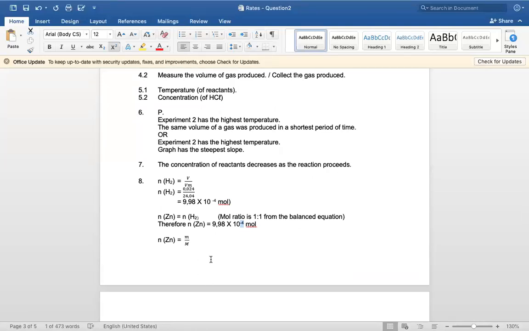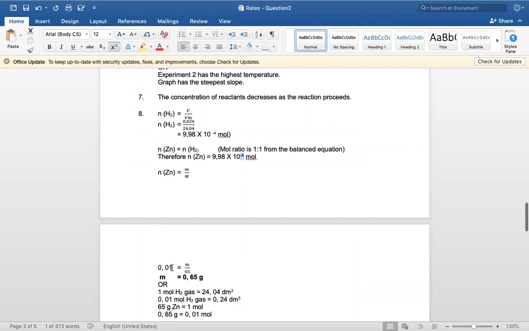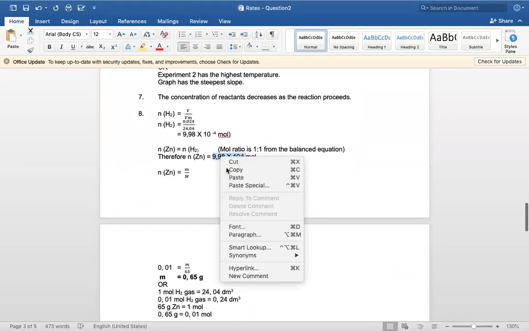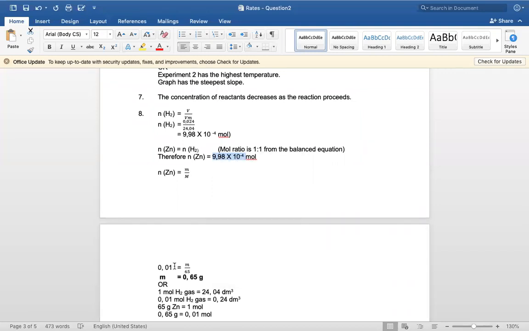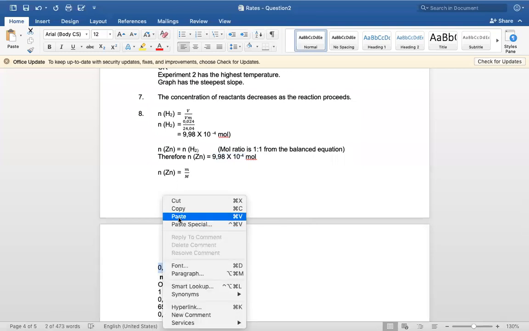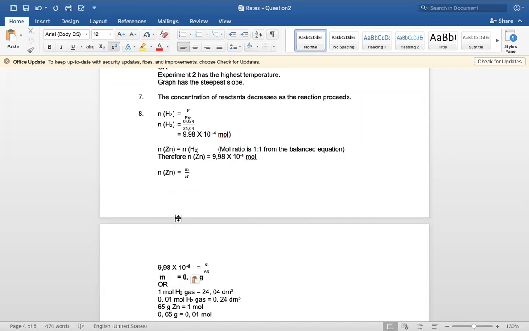Our number of moles is 9,98 times 10 to the minus 4, which is equal to actual mass, what you want to find, over the molar mass, which is 65. And what's the answer that we get there?